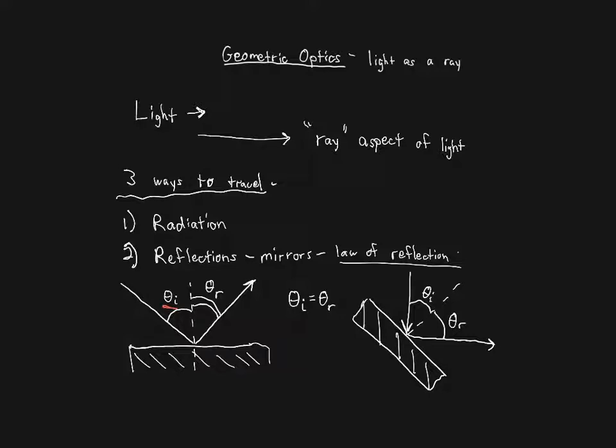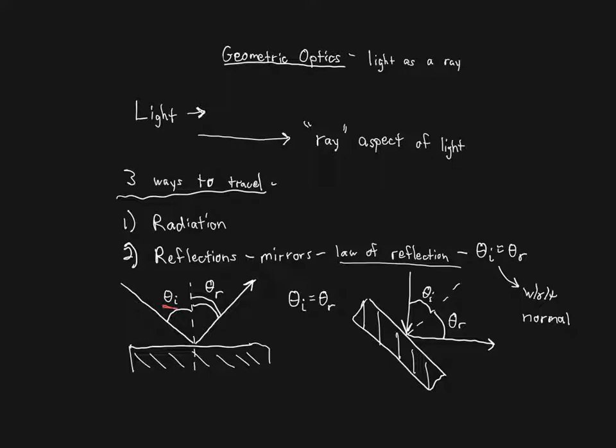So that is the law of reflection: theta incident equals theta reflected, where this theta is with respect to the normal, or perpendicular, to your surface.